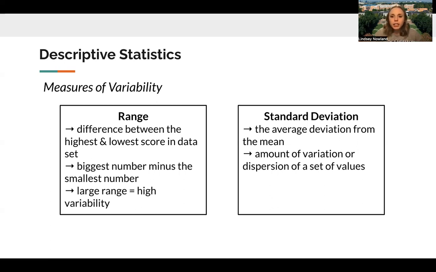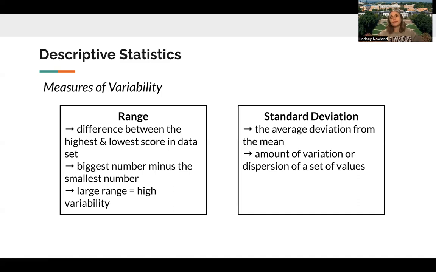So your standard deviation is the average deviation from the mean. This is the amount of variation or dispersion of a set of values. So if the average age of your participants was 25, your standard deviation might be 1.25, which just means that on average, your participants deviate from the mean by 1.25.